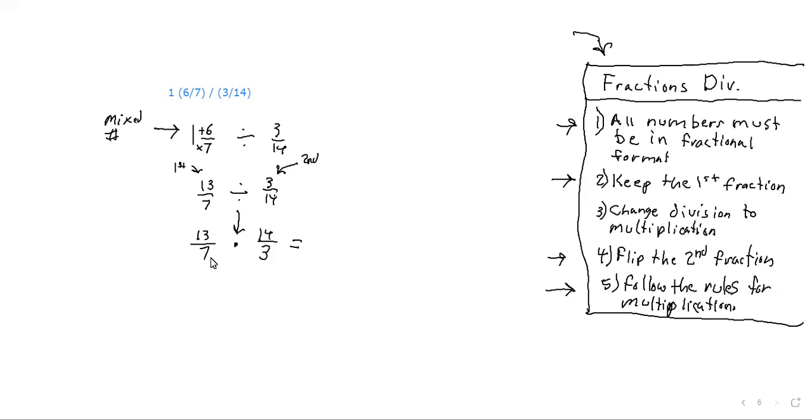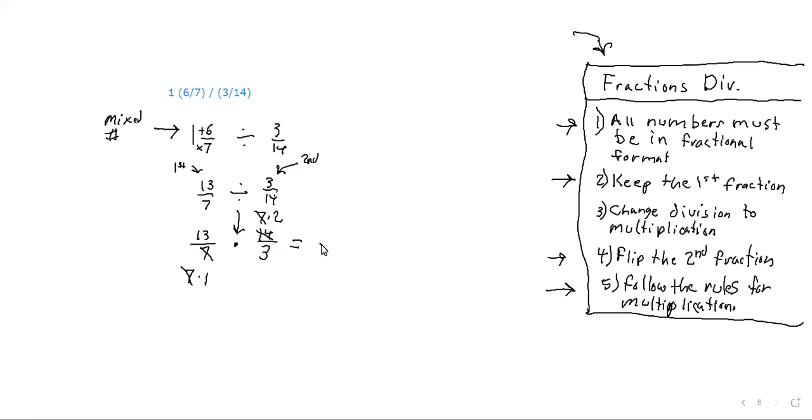If we look at this, we see that 7 and 14 are in the top and bottom, and they both have factors of 7. 7 times 1 is 7, and 7 times 2 is 14. So these factors will cancel out. This 7 here will cancel out with that 7 here. Down here, we're left with just the 1, and over here, we're left with just the 2.